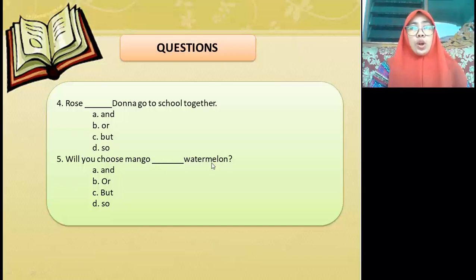Here, you must choose one of two, mango and watermelon. So the answer is, yeah, or, because in choosing one thing from two things or another thing, your answer is or. Will you choose mango or watermelon?